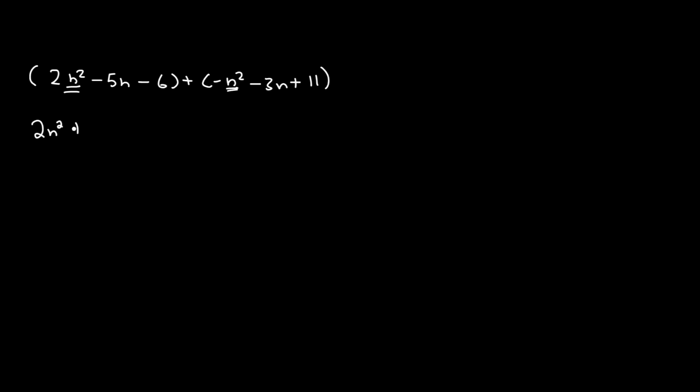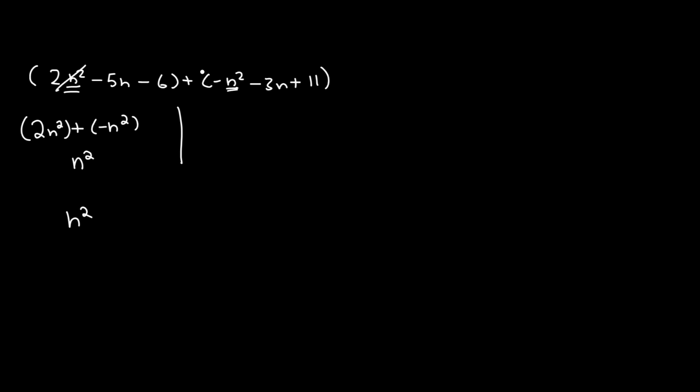2n squared plus negative n squared. So this first term is 2 plus negative 1, that would be 1, so simply n squared. This is our first term, n squared.